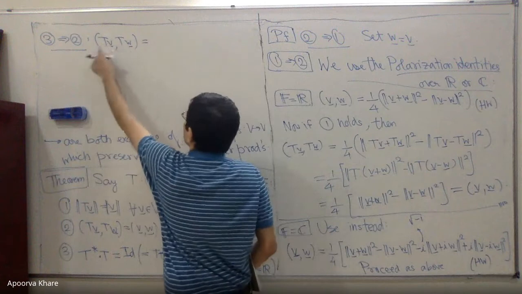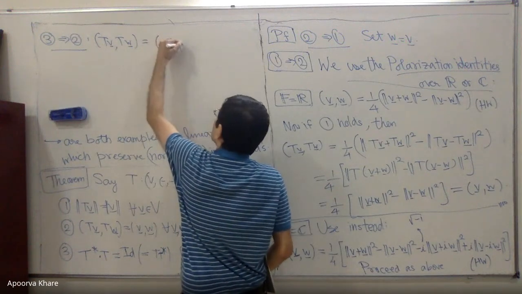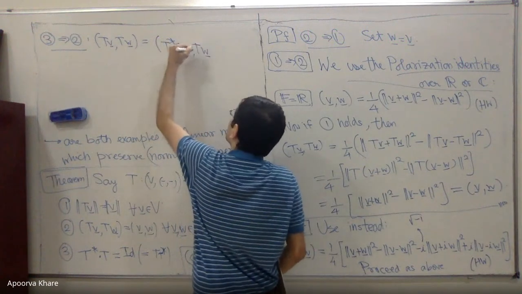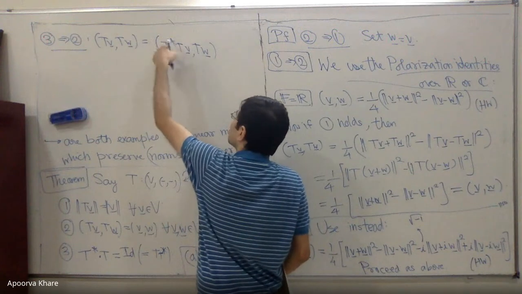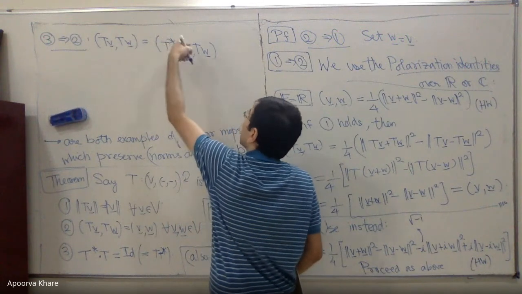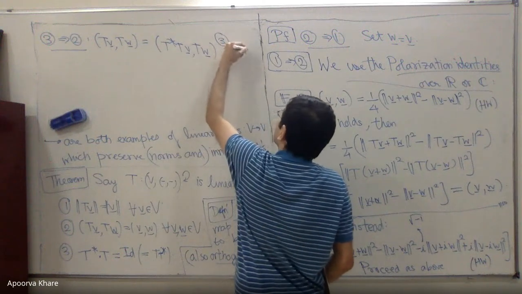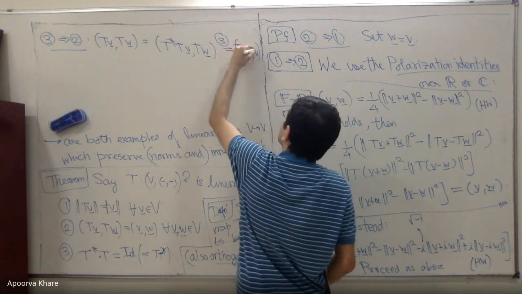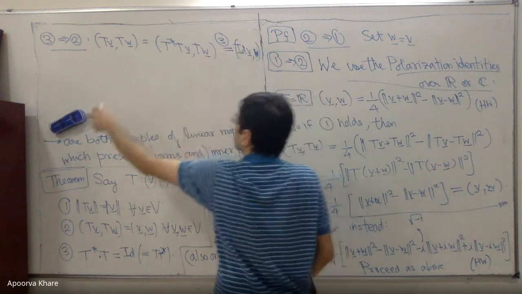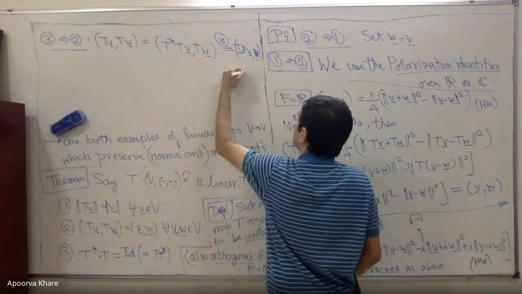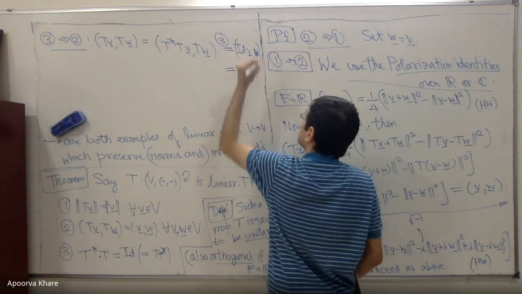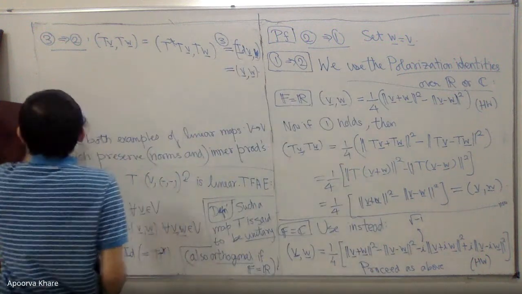Now I can take the T to the other side, so it's T star T V, W. But T star of T of V is the same as first doing T star composed with T, applying it to V. And now by 3, T star T is the identity, applied to V and W. Identity applied to any vector gives the vector itself, so you get V comma W. And you're done. 3 implies 2.